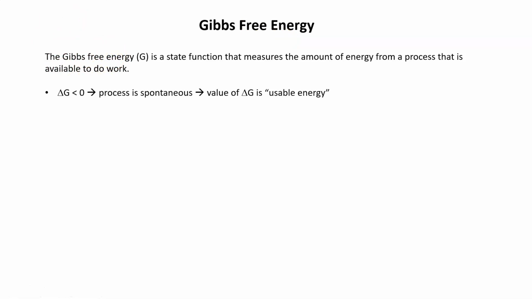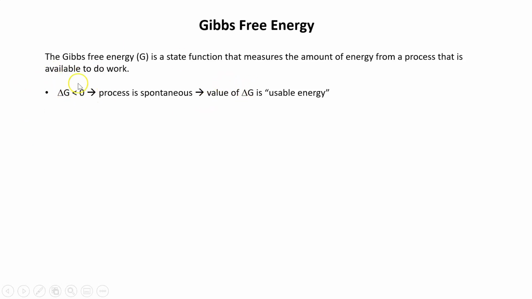So let's take a look at this. If delta G, the change in the Gibbs free energy, is less than 0, a process is spontaneous. Okay, so that's the way that the Gibbs free energy change can be really helpful to us. If we are observing a spontaneous process, we know that the change in the Gibbs free energy for that process is less than 0.